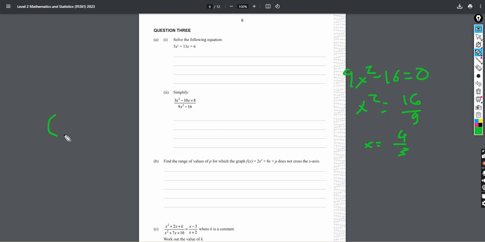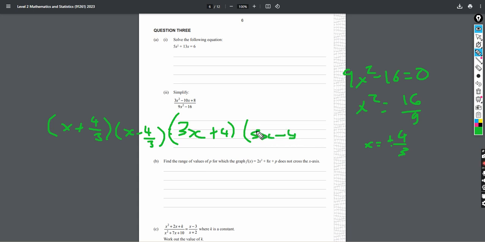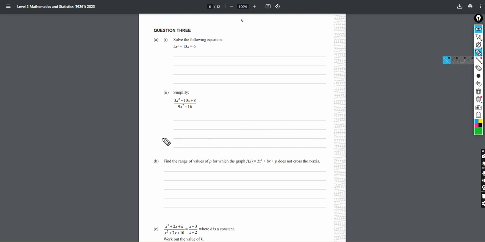So this can be written as x plus 4/3, x minus 4/3, which equals 3x plus 4, 3x minus 4. Okay, 3x plus 4, 3x minus 4, just remember that.